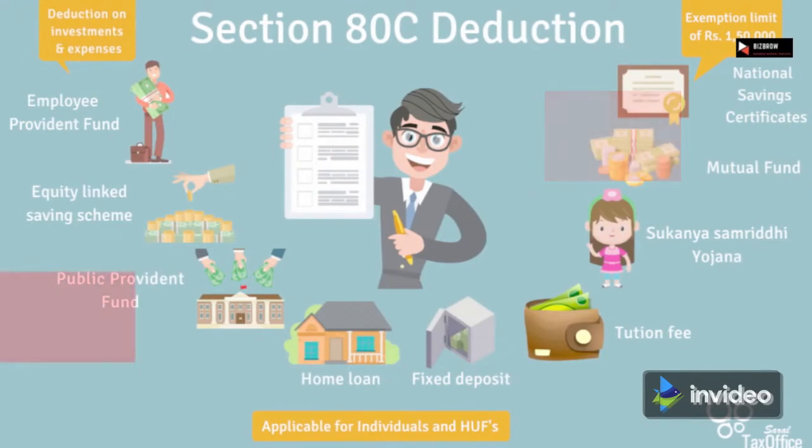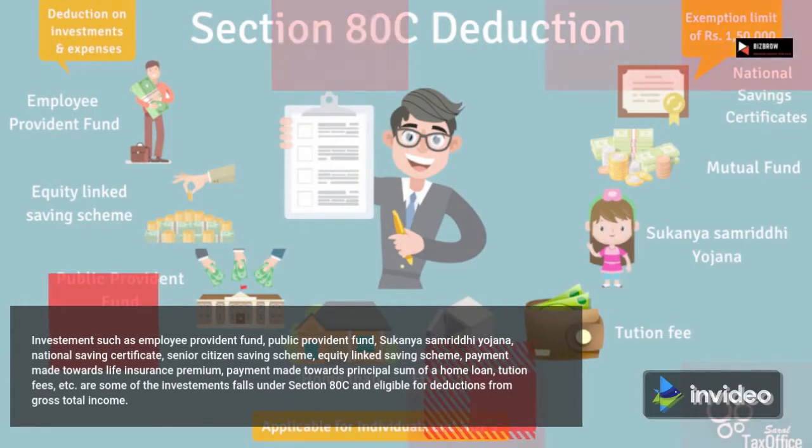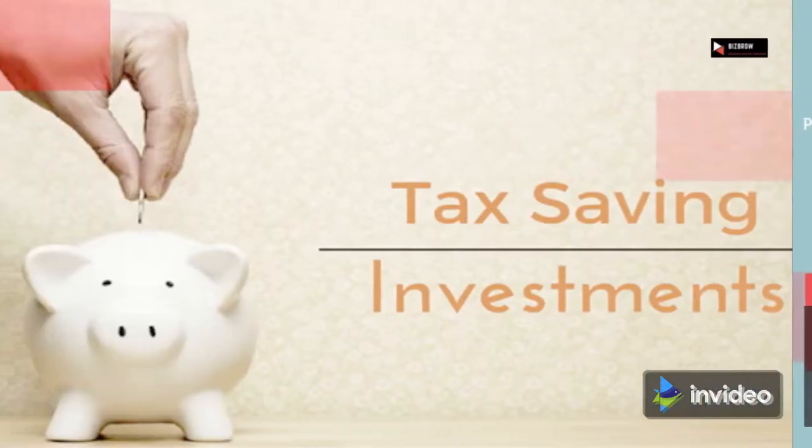Investments such as Employee Provident Fund, Public Provident Fund, Sukanya Samriddhi Yojana, National Saving Certificate, Senior Citizen Saving Scheme, Equity-Linked Saving Scheme, payment made towards life insurance premium, payment made towards principal sum of a home loan, tuition fees, etc. are some of the investments that fall under Section 80C and are eligible for deductions from gross total income.